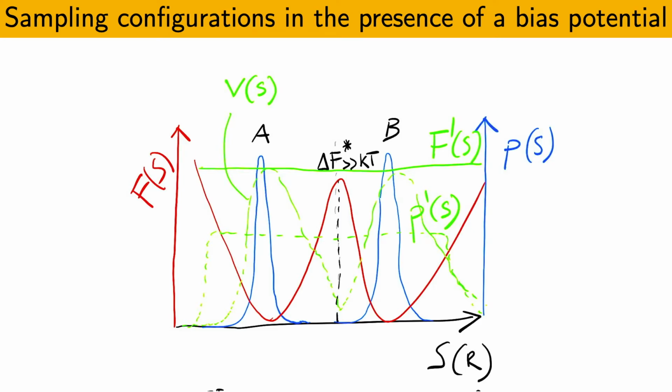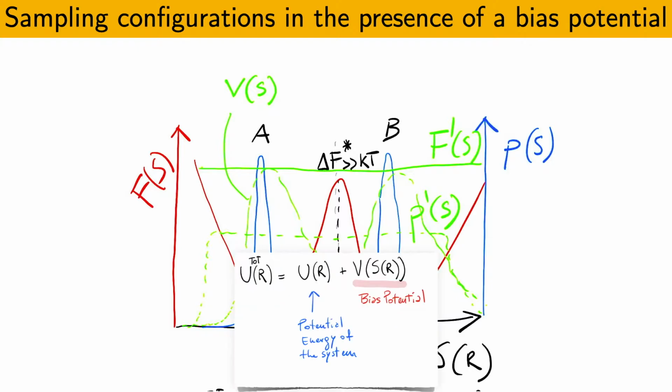So for instance, if we aim at sampling a flat probability density indicated here with this P prime of S, what we need to do is to introduce a bias potential V of S that basically flattens the free energy surface. Of course, if we do not know F of S, we cannot do this.